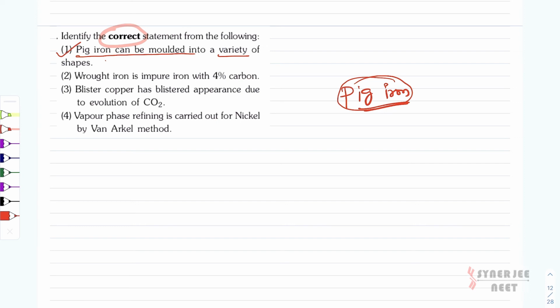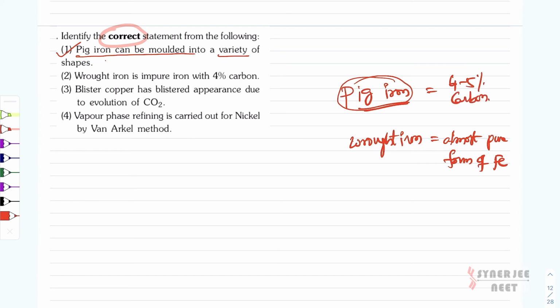Wrought iron is the pure form of iron. Almost 100% pure form of iron. Now pig iron contains around 4 to 5% carbon. Whereas the better one after pig iron is cast iron.